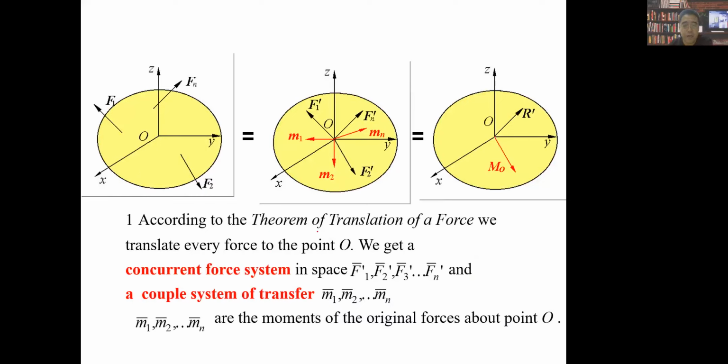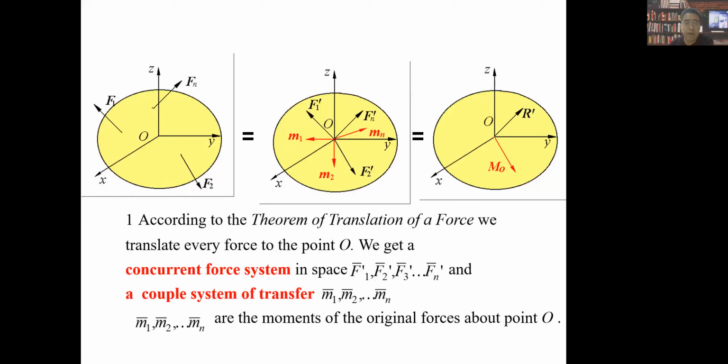When we translate a given force from its original point to this new point O, we should add a couple. Actually, this couple is the original force's moment to the point.